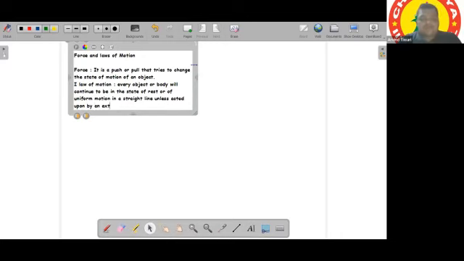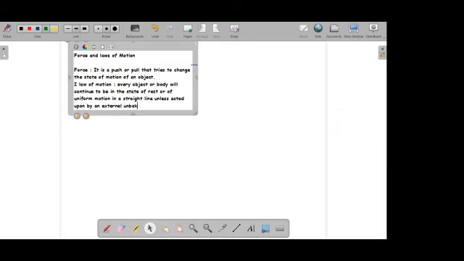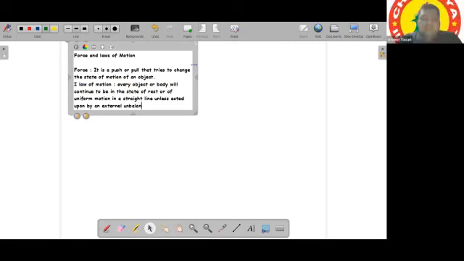An external force. So what about the internal forces? Can the internal forces bring about any change in the state of motion? Sir, what do you mean by internal forces? Internal forces means, suppose you are sitting in a bus and trying to push the bus. Okay, sir.